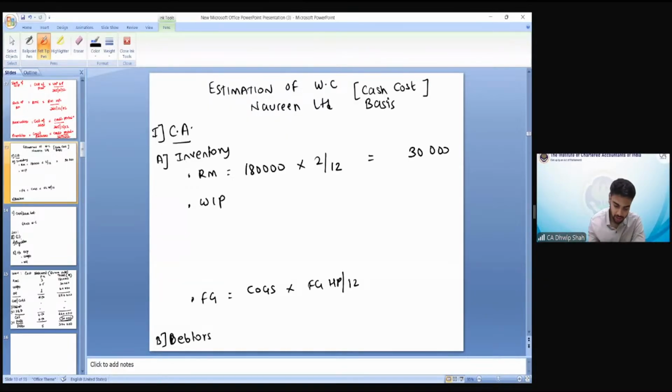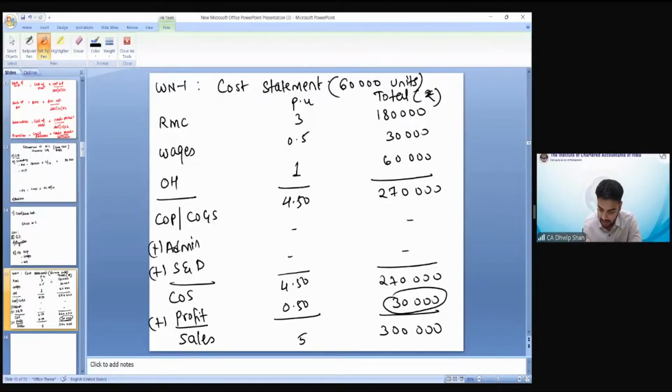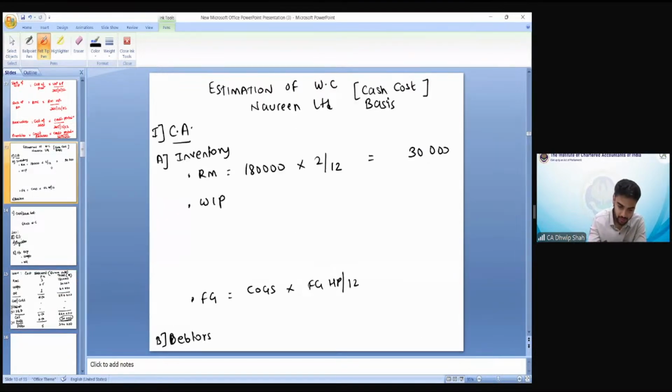The COGS in the cost sheet is 2,70,000. So it is 270 and my FG holding period is 3 by 12, which is 1 by 4. कितना आया stock of FG? 67,500.